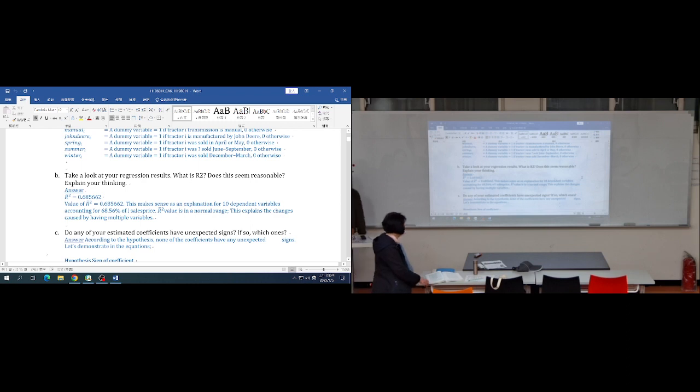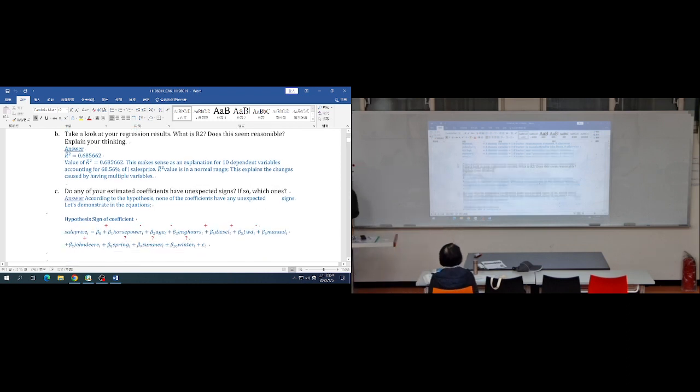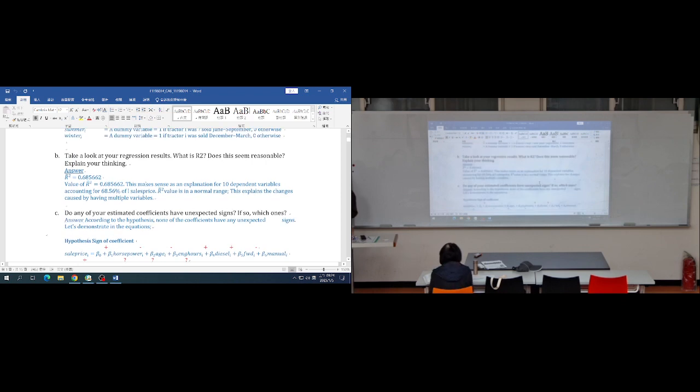For question B, I saw that the adjusted R square is 0.685.